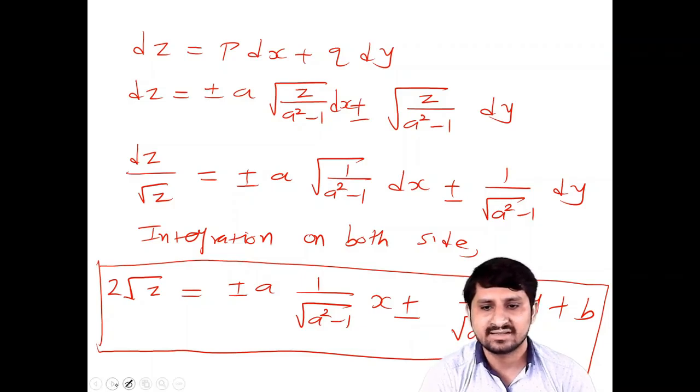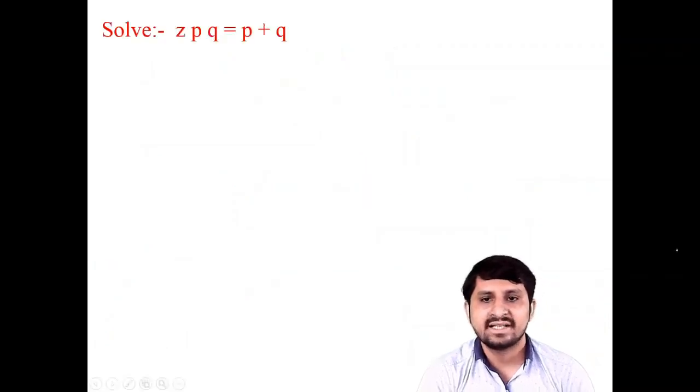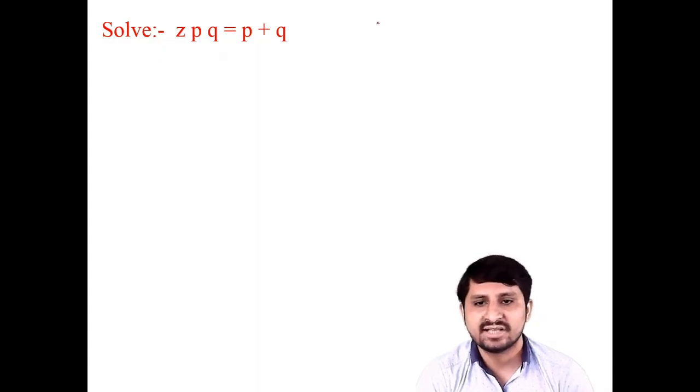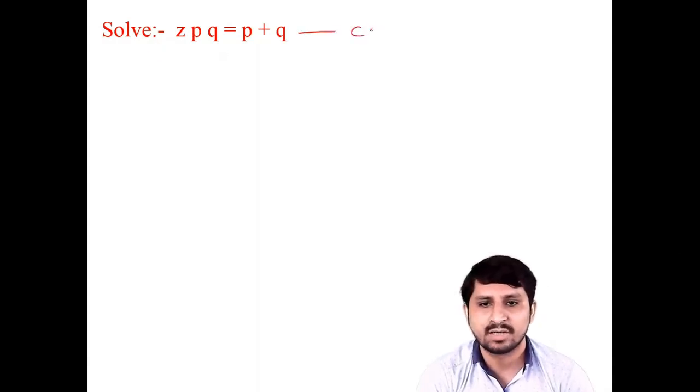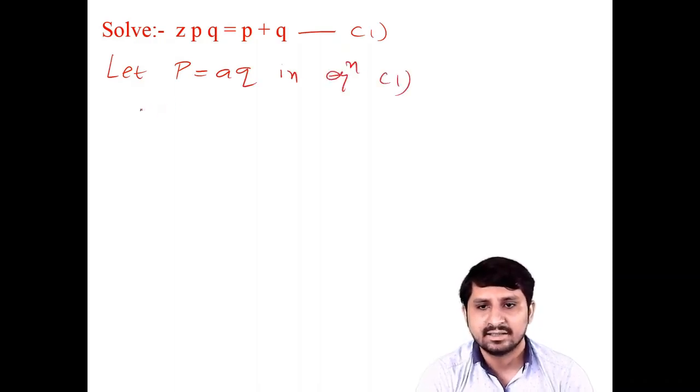Now let's take one more example. Let's take z into pq is equal to p plus q. As I told you, call it equation number 1. Let p is equal to a into q in equation number 1. So z a q square is equal to aq plus q.